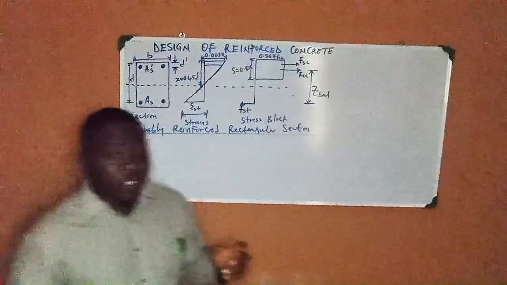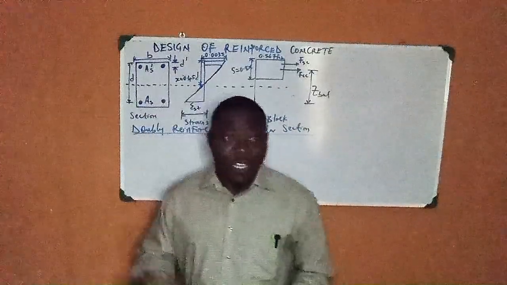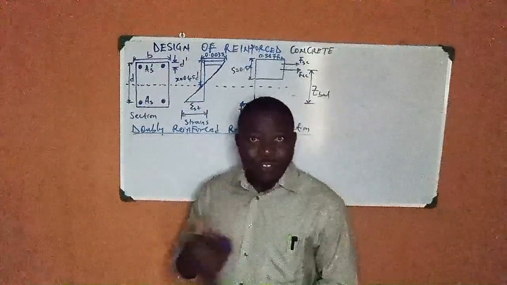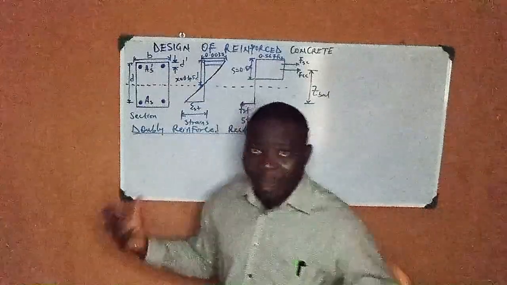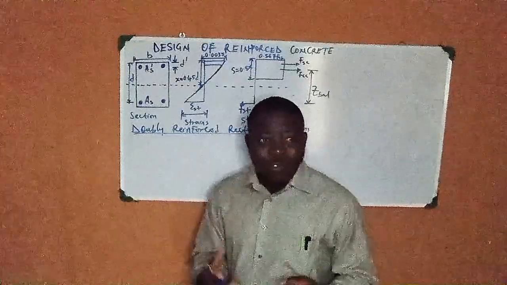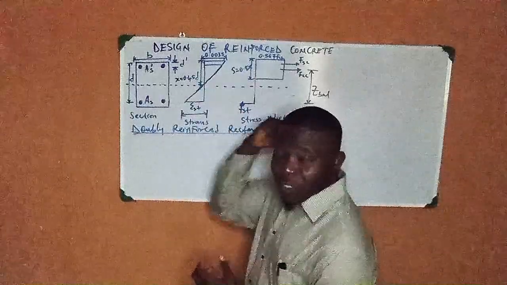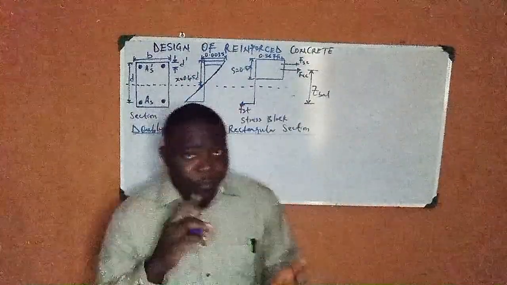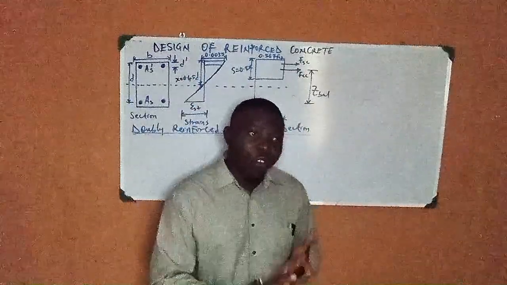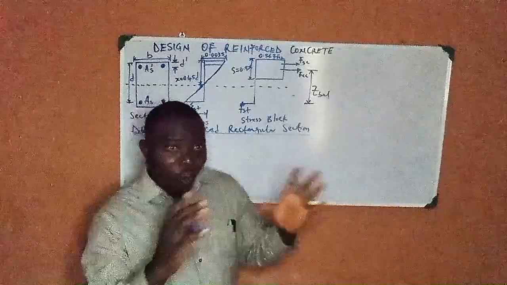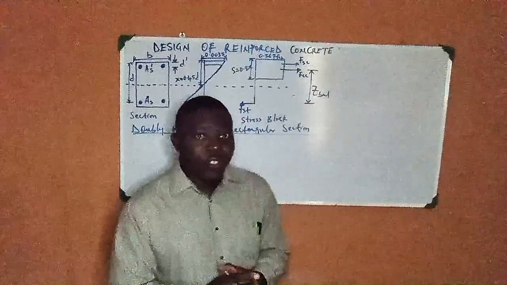In our previous video, if you have been watching us, we looked at the singly reinforced section. Mind you, we are still trying to derive some parameters and equations which will enable us to solve problems in designing reinforced concrete, I mean designing your slabs, your beams, your columns, your foundation, and all the elements of a building structure.